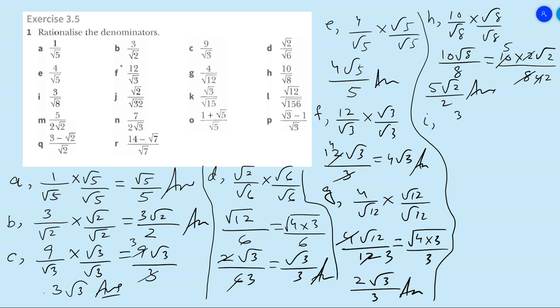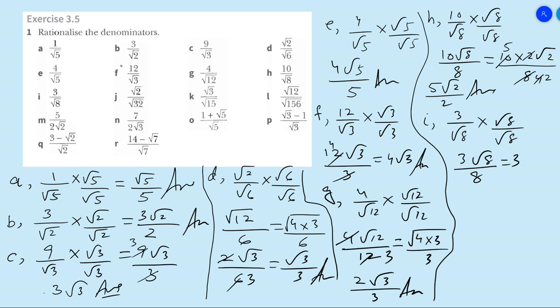3 upon root 8. Then multiply root 8 by root 8. 3 into root 8 is 3 root 8. Then root 8 into root 8 is 64 and root 64 is 8. 3 root 8.